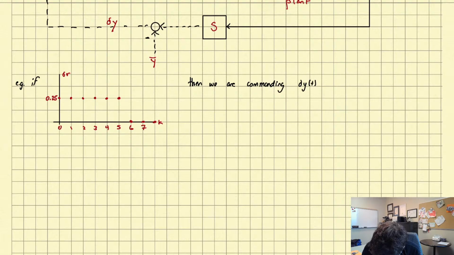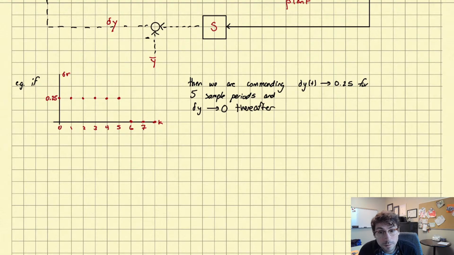We want delta y to go to 0.25 for 5 sample periods. And delta y to go to 0 thereafter. Okay?